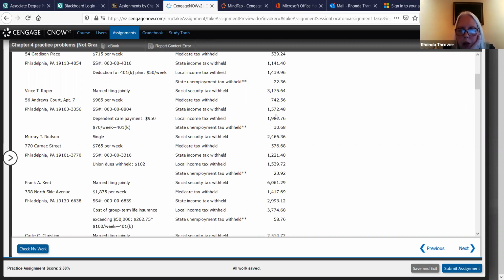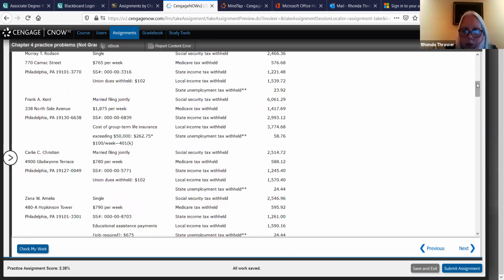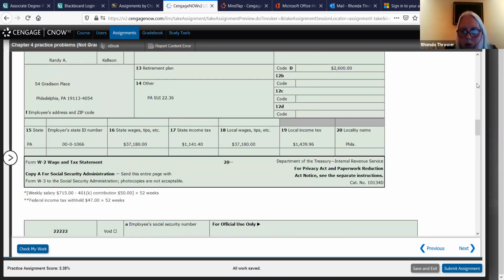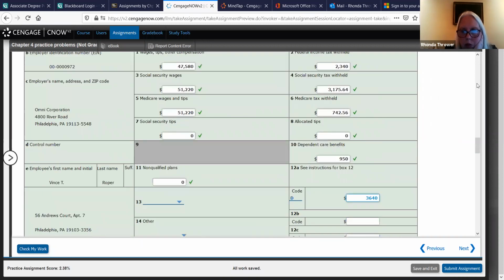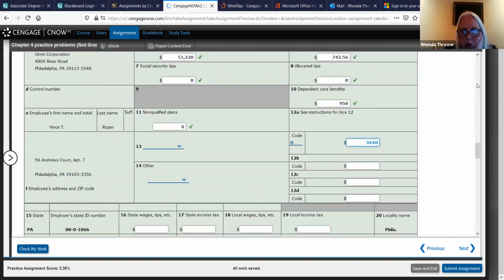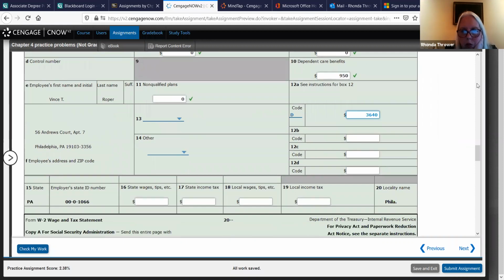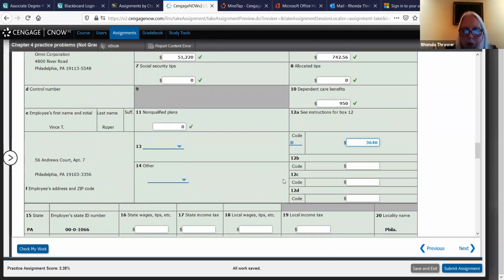So state income tax withheld is $1,572.48. And that's box 17.